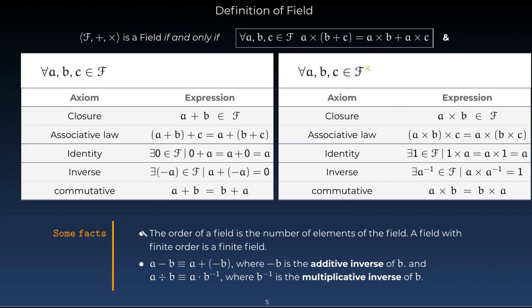The order of the field is the number of elements of the field, and a field with finite order is called a finite field. A field in which there are only two elements is called a binary field.